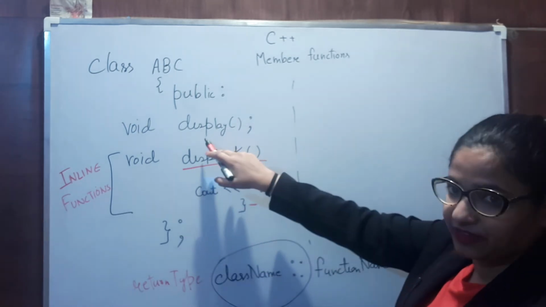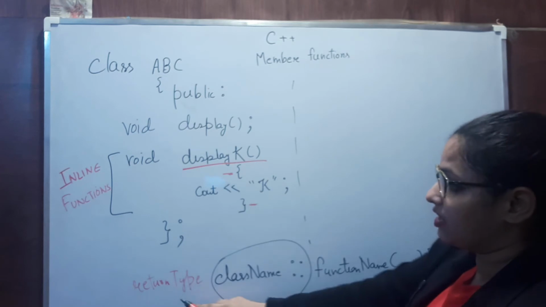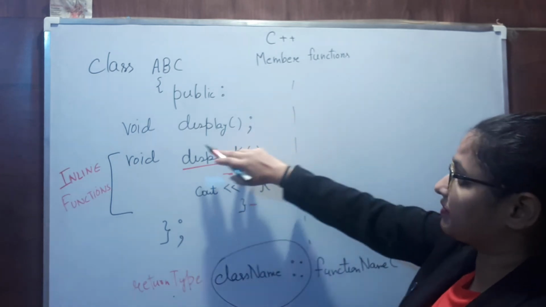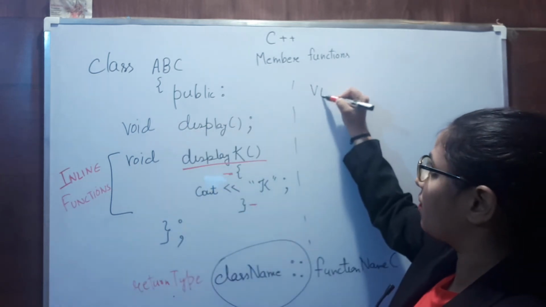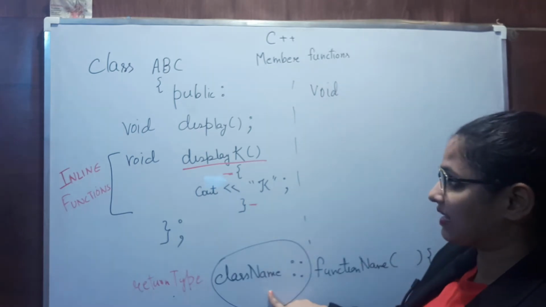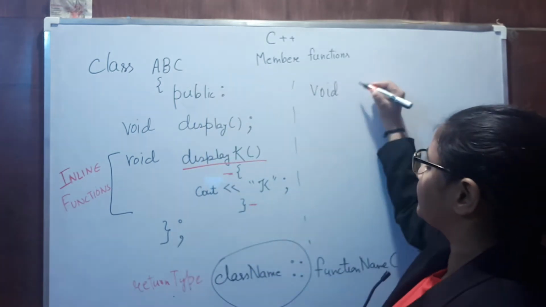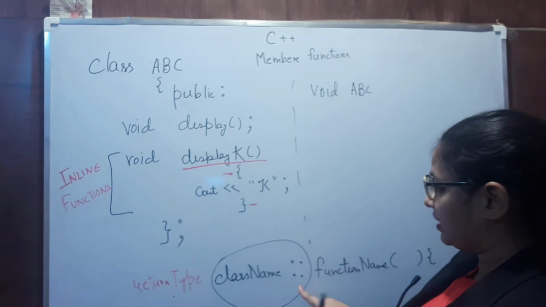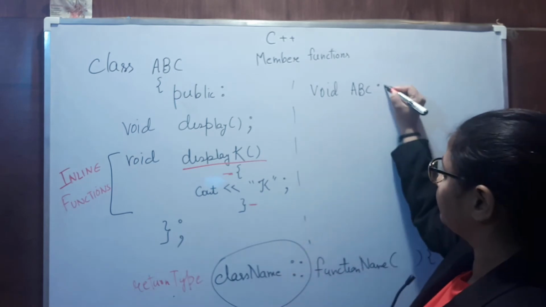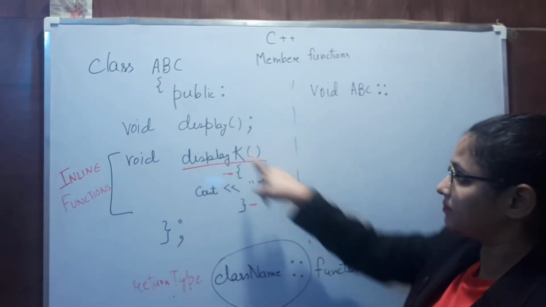Let's define display function outside the class. Firstly, return type. So here return type is void. Class name ABC. Scope resolution operator. Function name display.